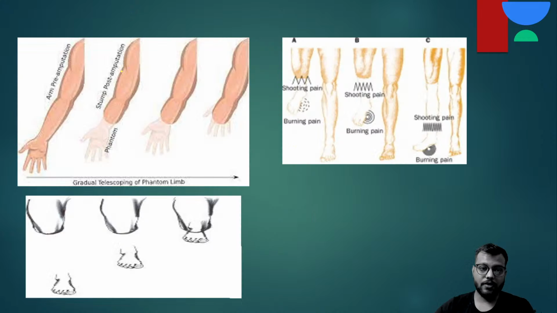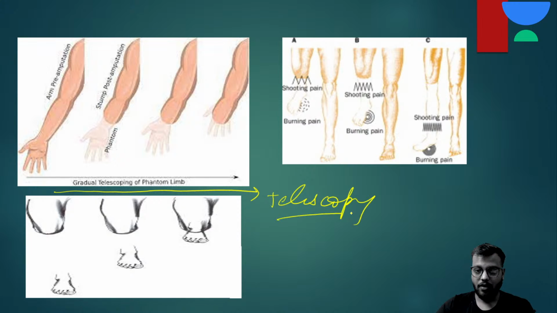Okay, here you can see just after the amputation, this is called gradual telescoping of the phantom limb. In the phantom limb there is gradual telescoping: first of all you will feel that yes, I have the entire leg till the foot, then it reduces, and then it is just your foot part. Okay, like this. This is your ghost limb or telescoping of the phantom limb.